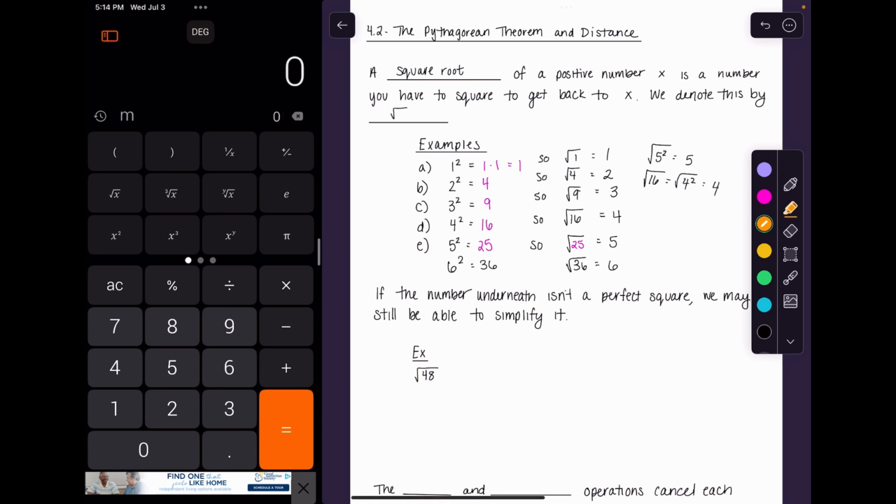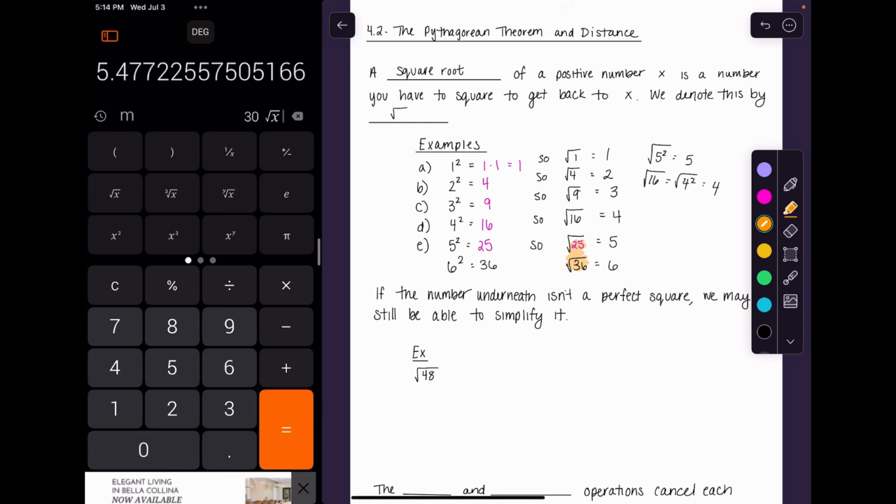Likewise, if I pick any number between 25 and 36, say 30, and take the square root of that, it's also not nice because I don't have a whole number times itself giving me 30. If you list out these what we call perfect squares, you're going to see all of the perfect square roots as well.